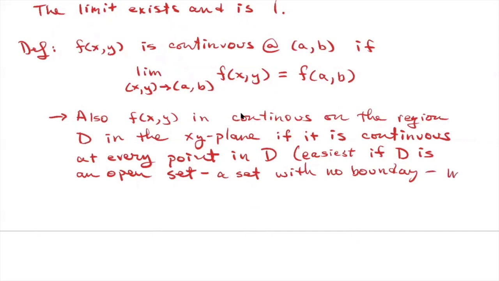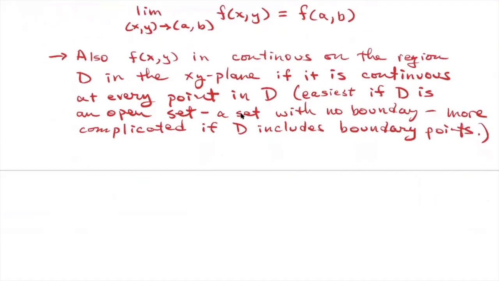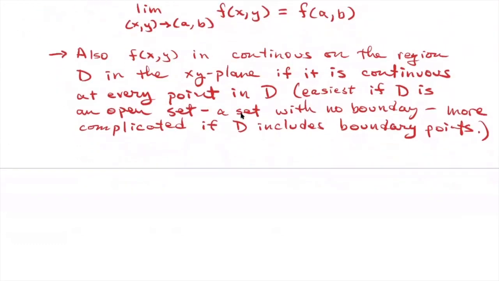And it's more complicated if D includes boundary points. But we're not going to spend a lot of time on making a big fuss over this. I think you all have a pretty good intuition for what a continuous function is. So there's no issue there.